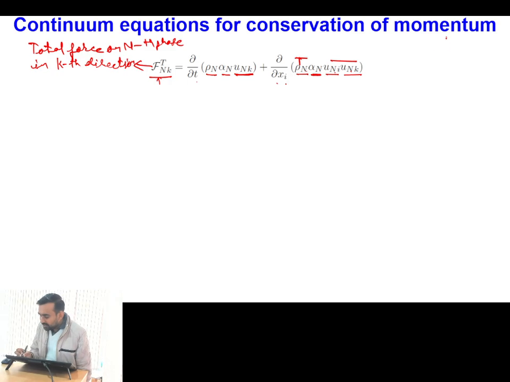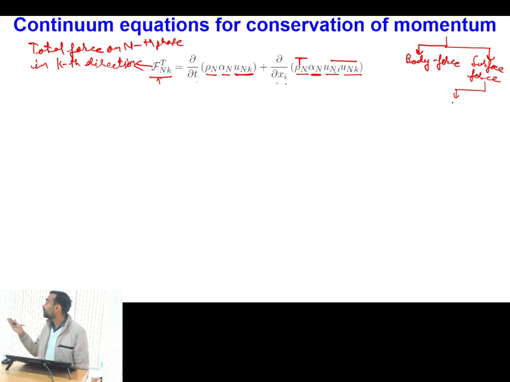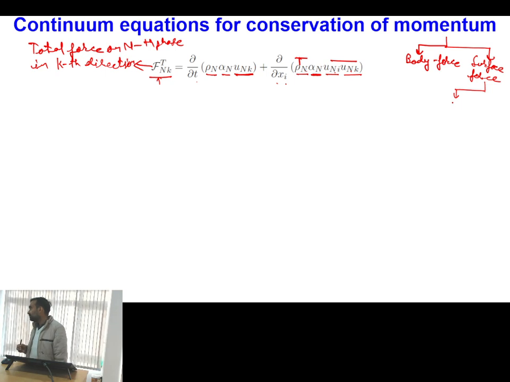So the first categorization is, for single phase flow we have body force and the other is surface force. Okay, and surface force, if you recall, we further categorize. Sir, in this you have written del xi, whereas where you are writing there you have written del xk.